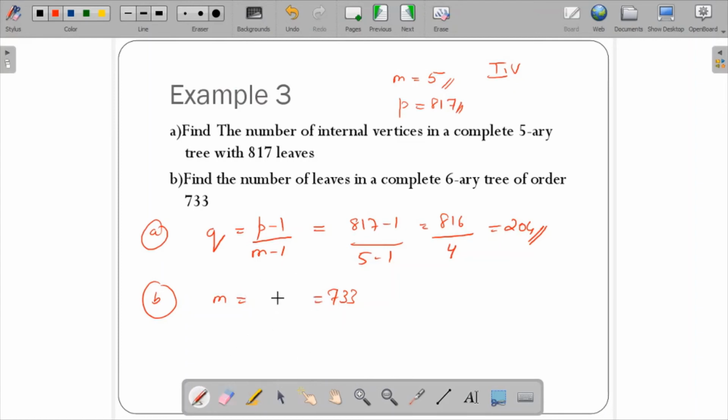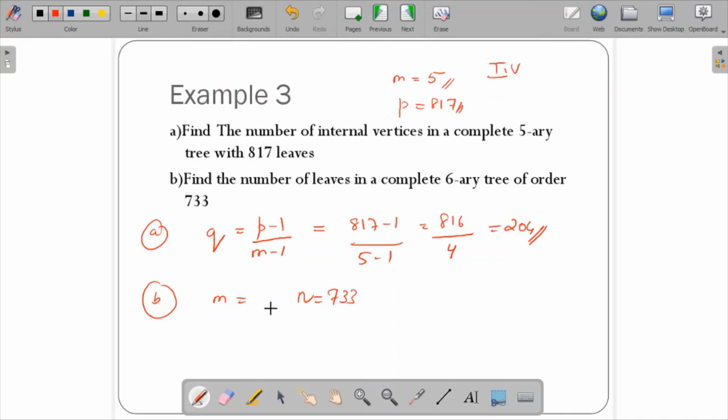It is given that m is equal to 6 and n is equal to 733. You should find the number of leaves. What formula is involved with m and n? You can check the formulas over there.